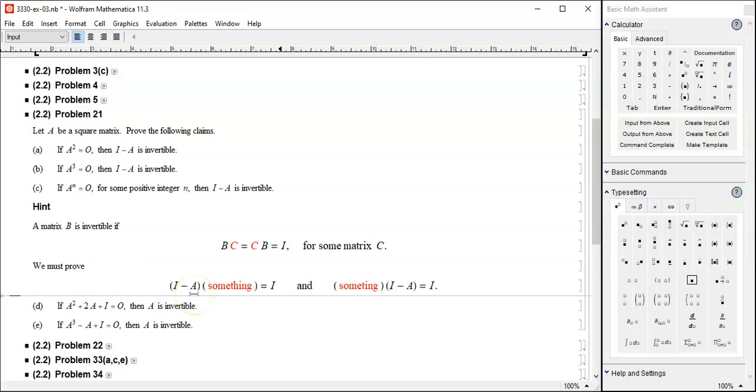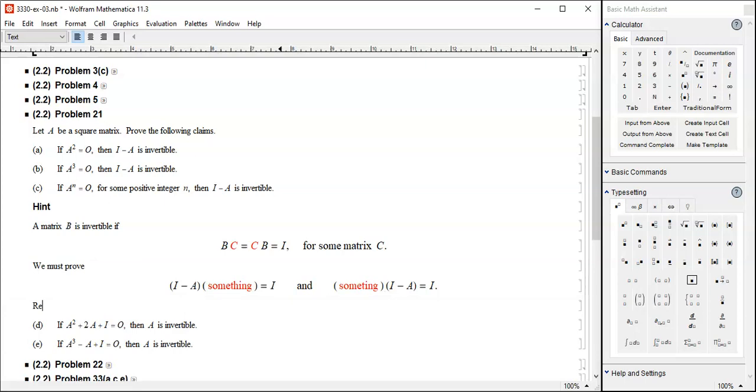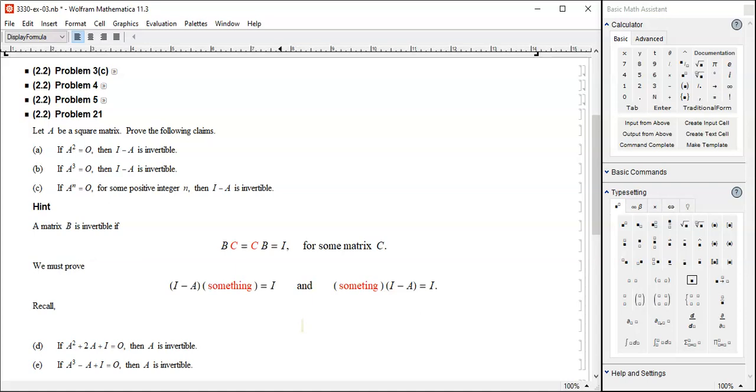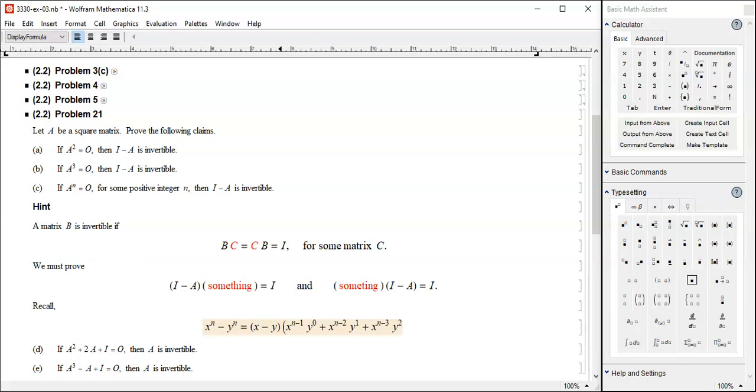Well, here's another hint. Recall this algebraic rule. x to the nth power minus y to the nth power is equal to x minus y times x to the n minus first power y to the 0 power plus x to the n minus second power y to the first power plus x to the n minus third power y to the second power.